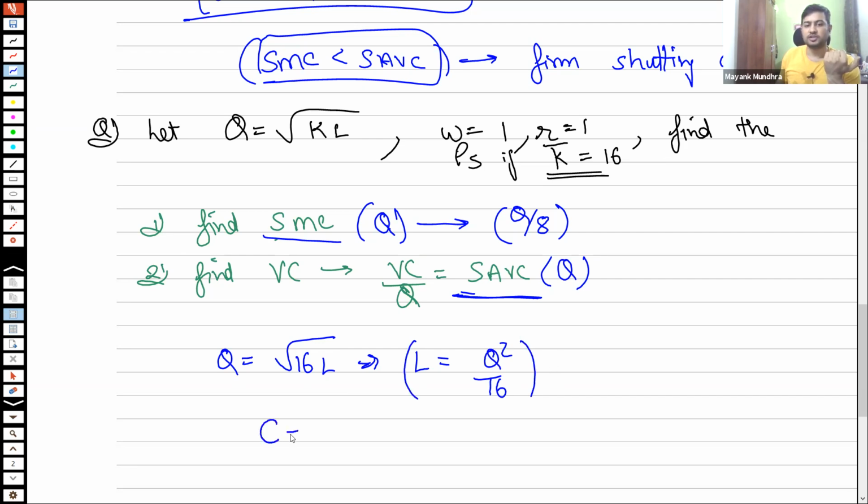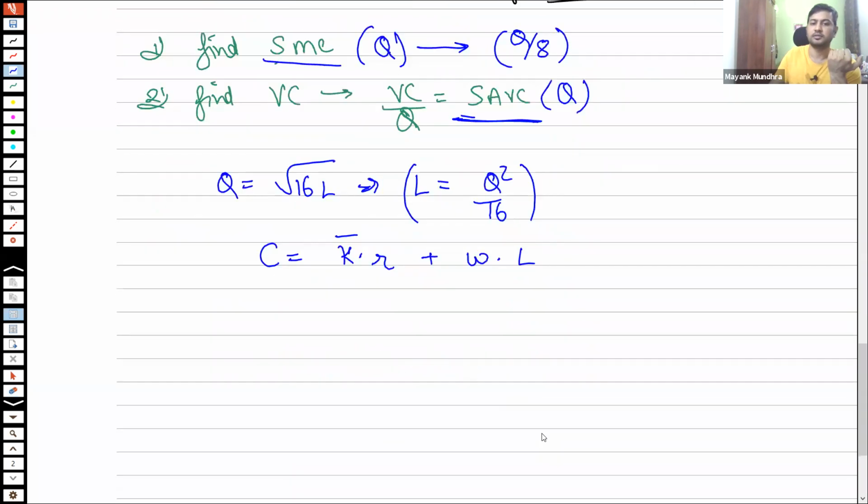So the cost function would be equal to K bar into rental rate. So this is the fixed cost, plus variable is wage into N. So this is going to be 16 into 1 plus Q square by 16.